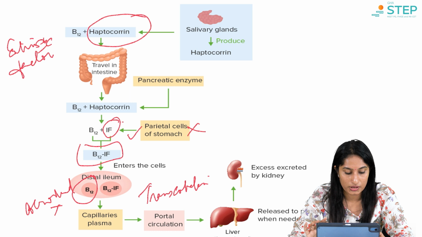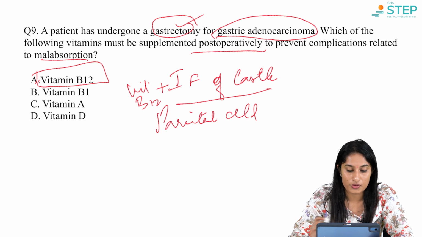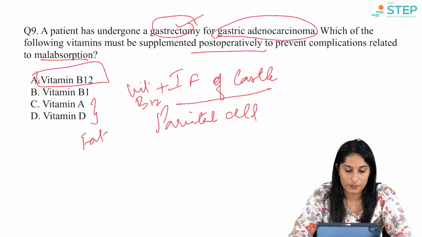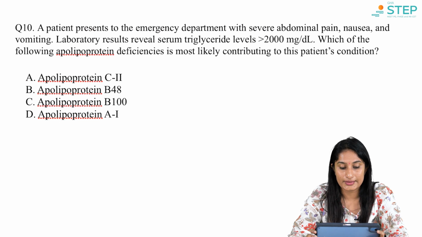So the correct option here, remember gastrectomy, the deficient vitamin would be vitamin B12. B1, A and D we can rule out, because A and D are generally to do with fat malabsorption. All right.